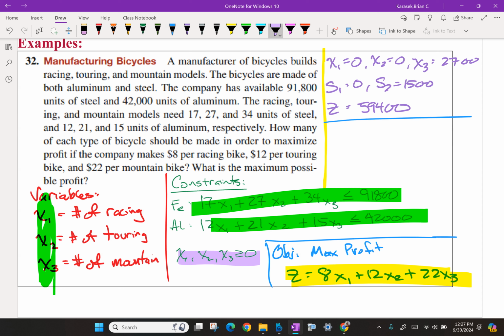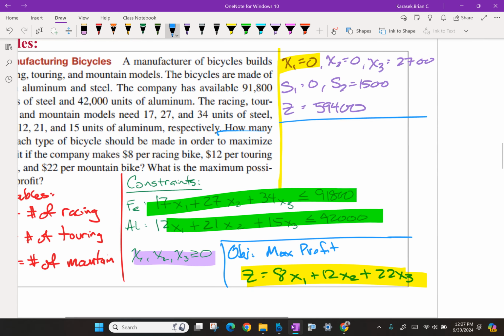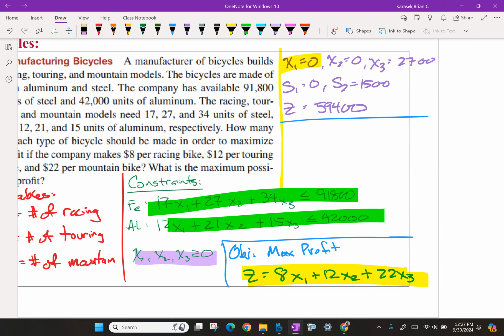The x sub 1 being 0 means that we are going to produce no racing bikes. The x sub 2 being 0 means we're going to produce no touring bikes.